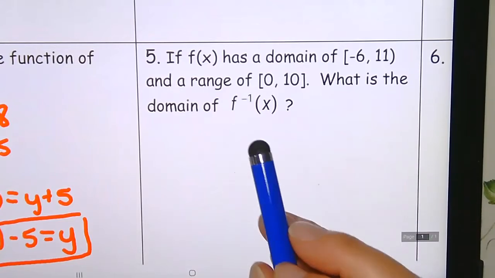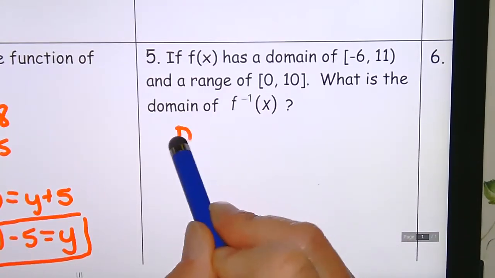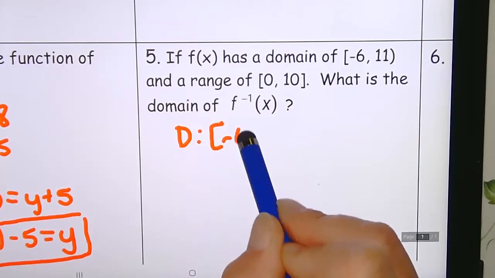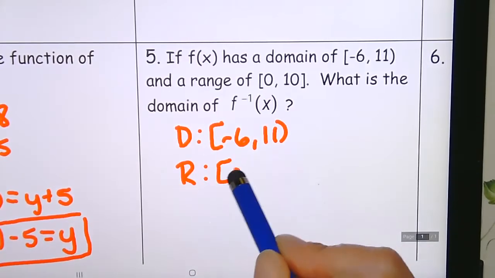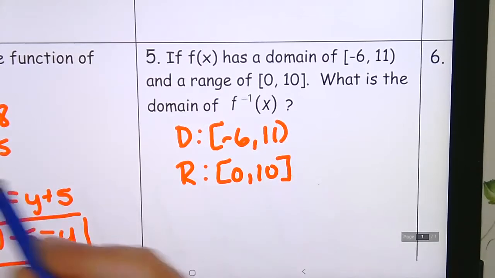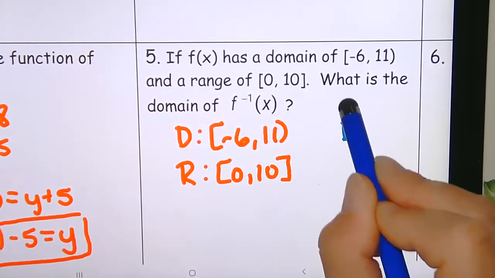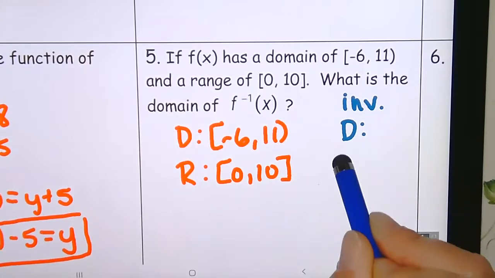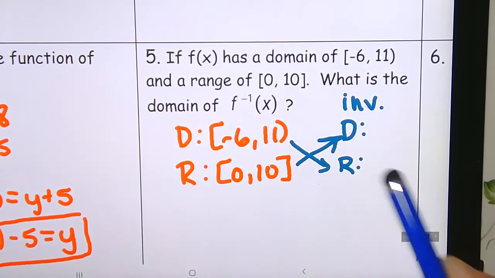So what that means is your domain and range get switched. So if my original domain is this, and my original range is this, my new domain for my inverse and my new range are flipped from here.